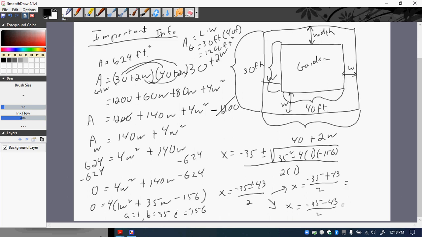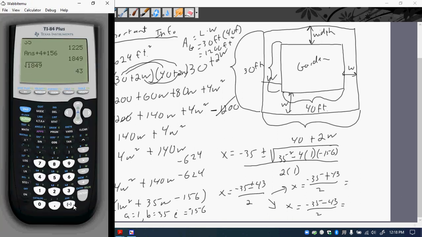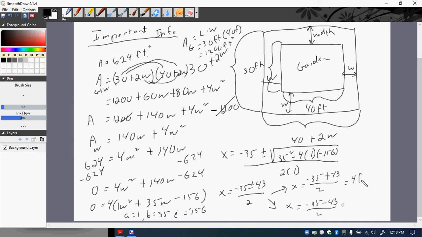Let's do the first: negative 35 plus 43 is 8, divided by 2, and I get 4. So this is 4 feet. I'm not going to use the other one because a negative minus a positive is negative, and a negative divided by 2 is still negative. There's no such thing as negative feet, so I'm going to discard this one.